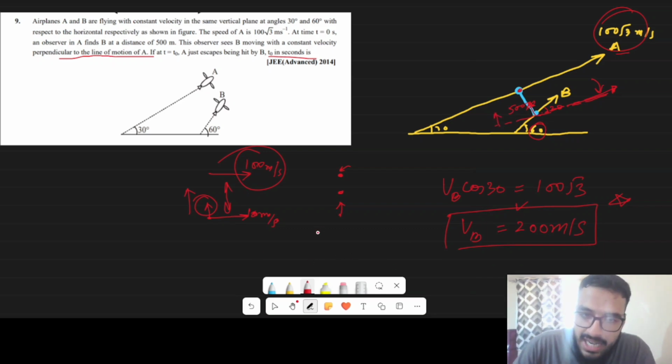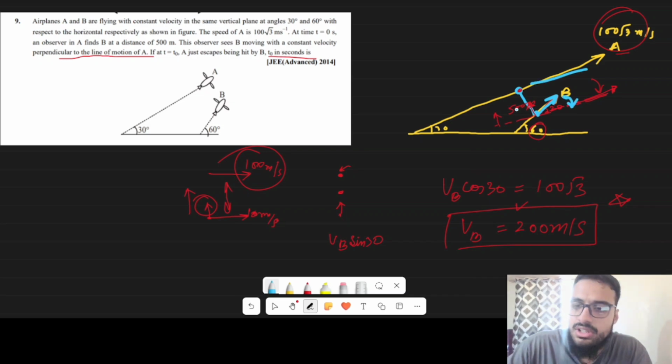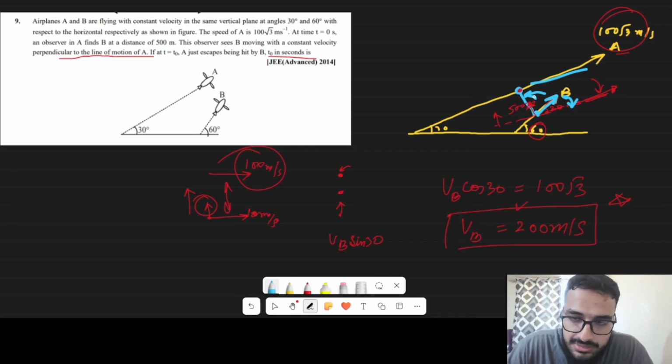That is VB sin 30. This is your VB, and this component should be equal to the velocity of A. This sine component is trying to cross the river, in another analogy, basically trying to hit plane A.